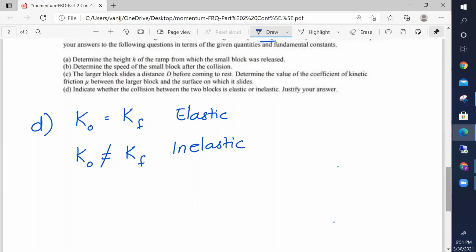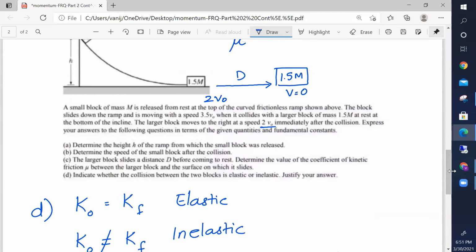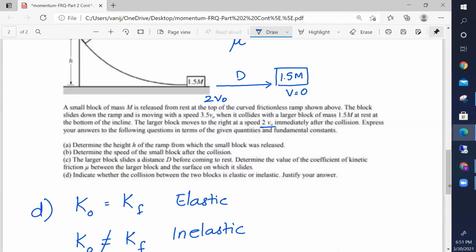Okay, so I'm going to take a look at the two blocks that are actually taking part in the collision. And we know that the initial velocity of block m is 3.5 V0. So I'm going to find the initial kinetic energy first, which is going to be the sum of the initial kinetic energies of the two blocks.